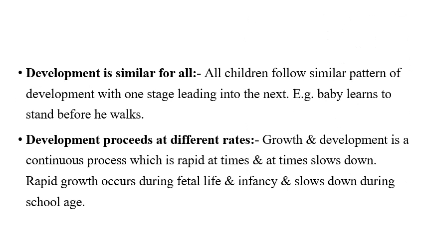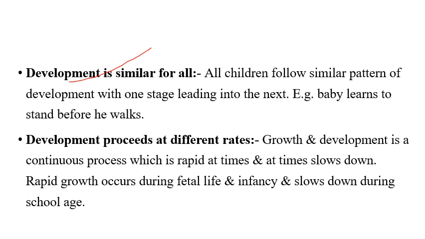And the next one is development is similar to all. I have already told you in the pattern also. So the development and the growth are the same for all. The baby will first start smiling, after that talking.